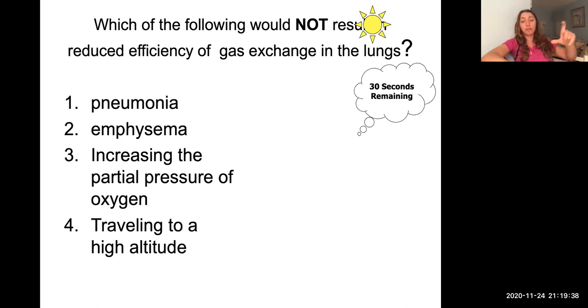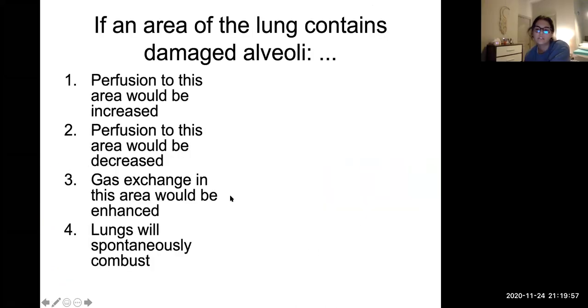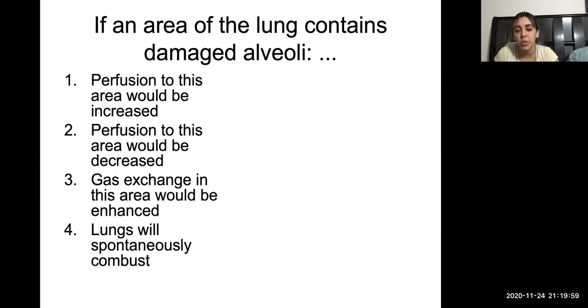That's how you tell whether somebody has gas exchange problems or not. If your PaO2 is increased, the ability to do gas exchange is perfect. The only thing that determines that is diffusion and gas exchange.